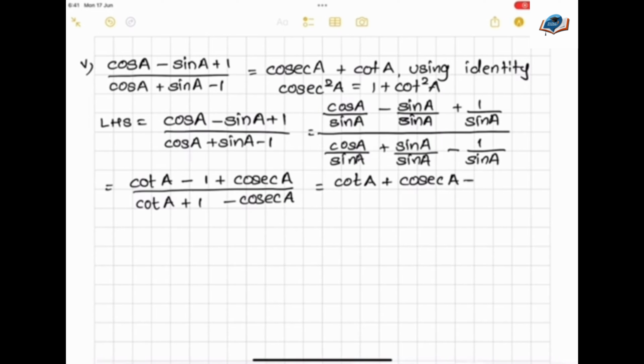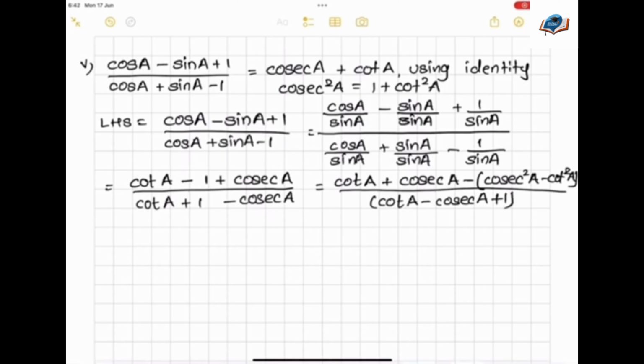Now instead of minus 1, I am writing cosec square A minus cot square A. I have used the identity. Whole upon cot A minus cosec A plus 1. As it is, I am keeping.